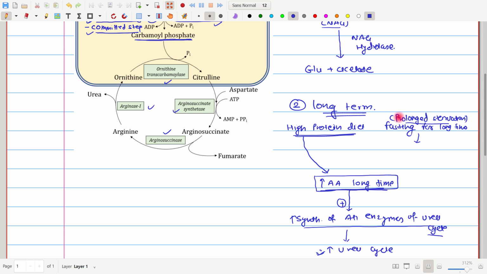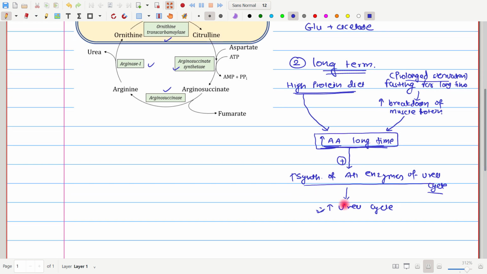So here there will be increased breakdown of muscle protein. Muscle protein is broken down for energy purposes, and because of the breaking down of muscle protein, again it leads to increased amino acids for a long time, which ultimately leads to increased urea cycle.